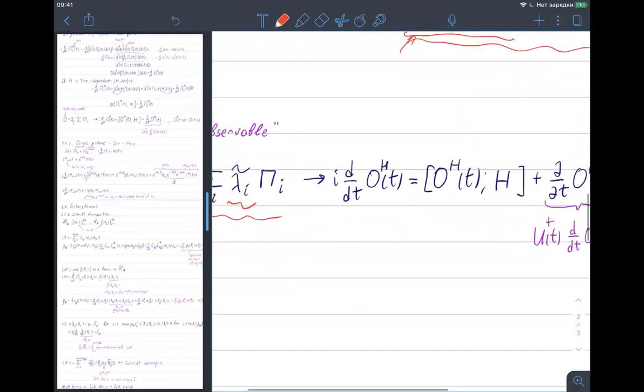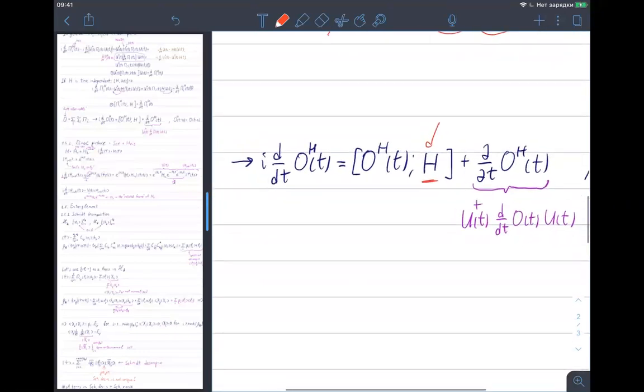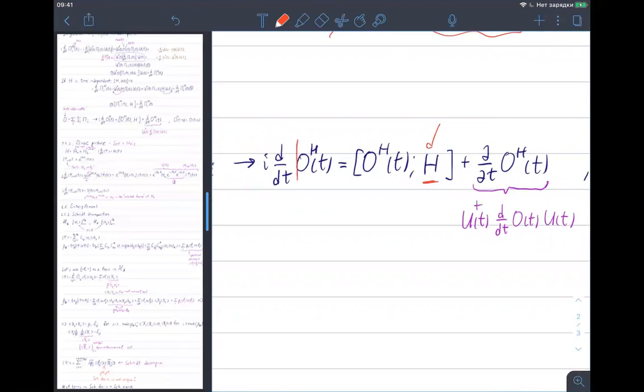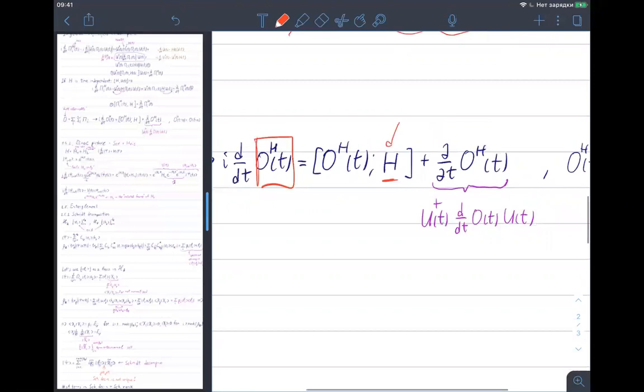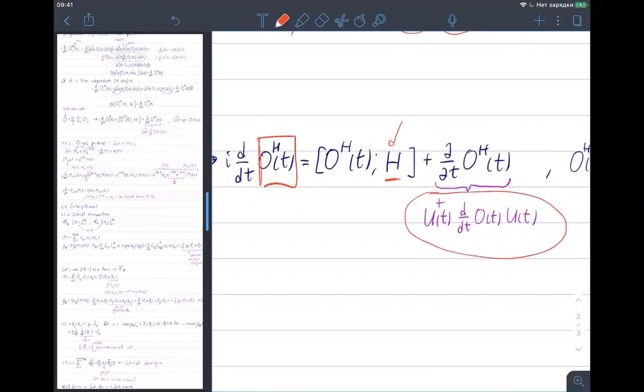We can consider its operator in the Heisenberg picture, and in the case where the Hamiltonian does not depend on time, we come to this expression. Here is the derivative of the full operator, and here again we have this partial derivative.